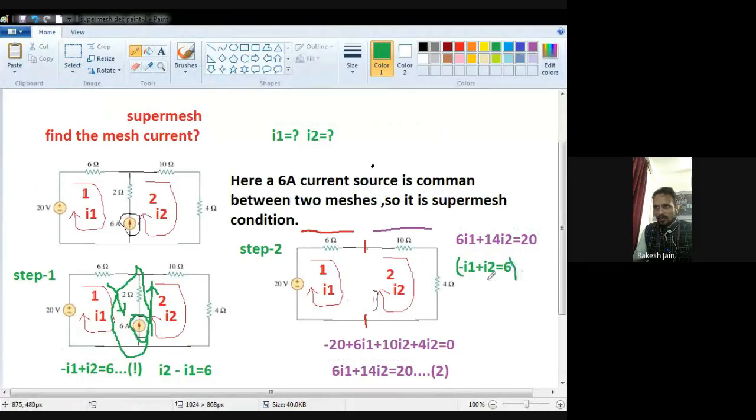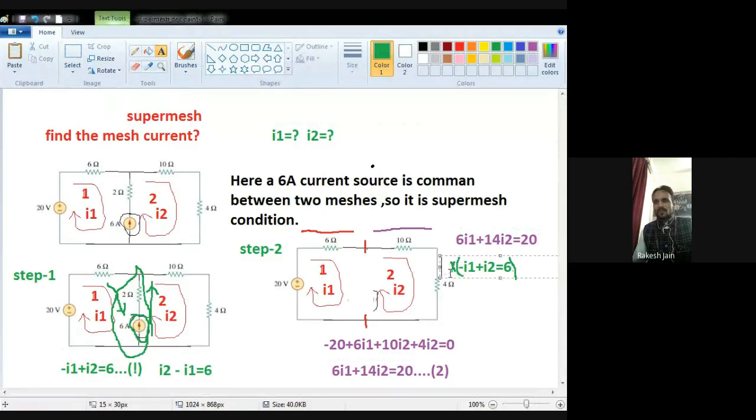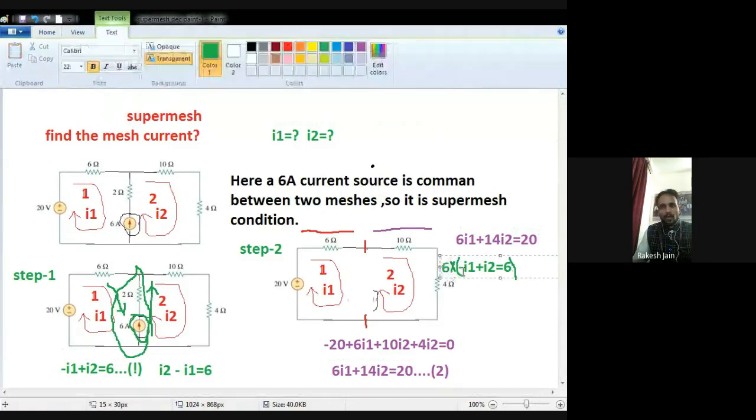So plus 10, and then write down the current I2. Then 4 ohm is there. So again plus 4 and write down only for I2, and that is equal to 0.